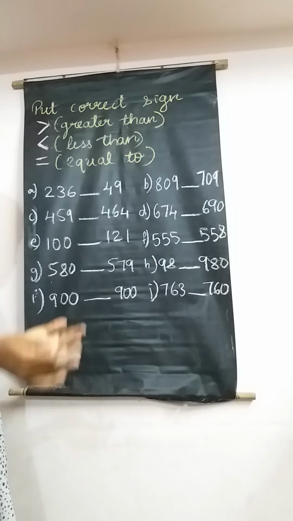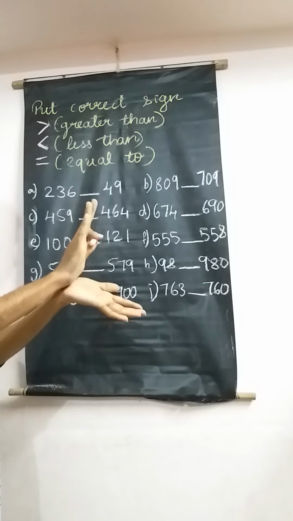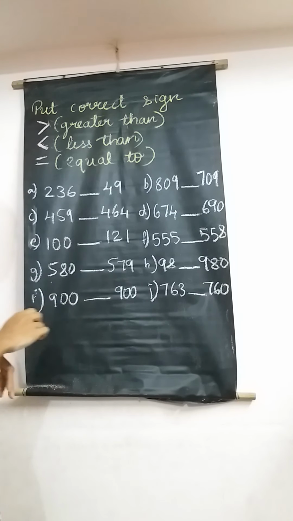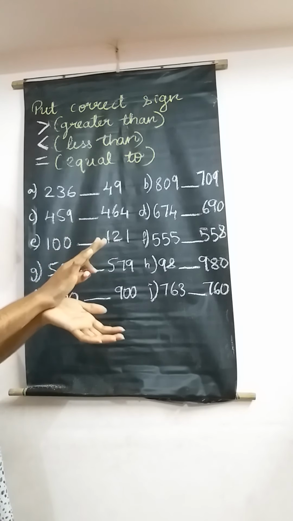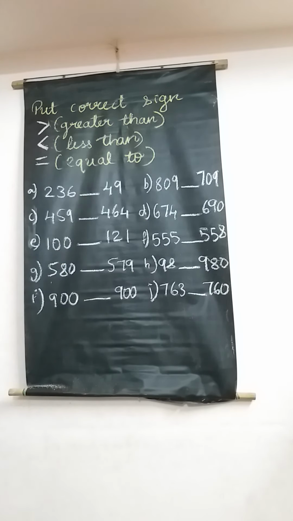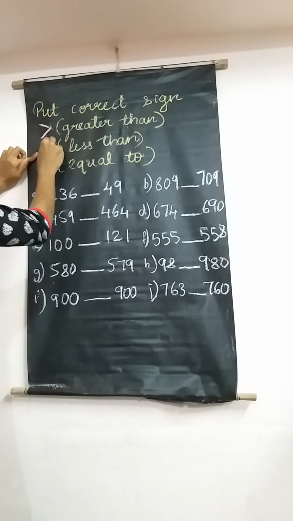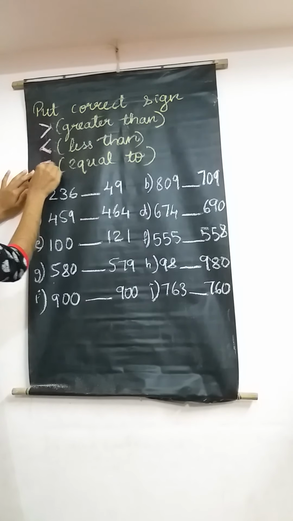When any number is bigger, the sign's mouth is open to the greater side. And when it sees the lesser number, the sign's mouth is closed. So, see here, the mouth is open, that is greater than. This side the mouth is closed, it is less than. And this is called equals to.